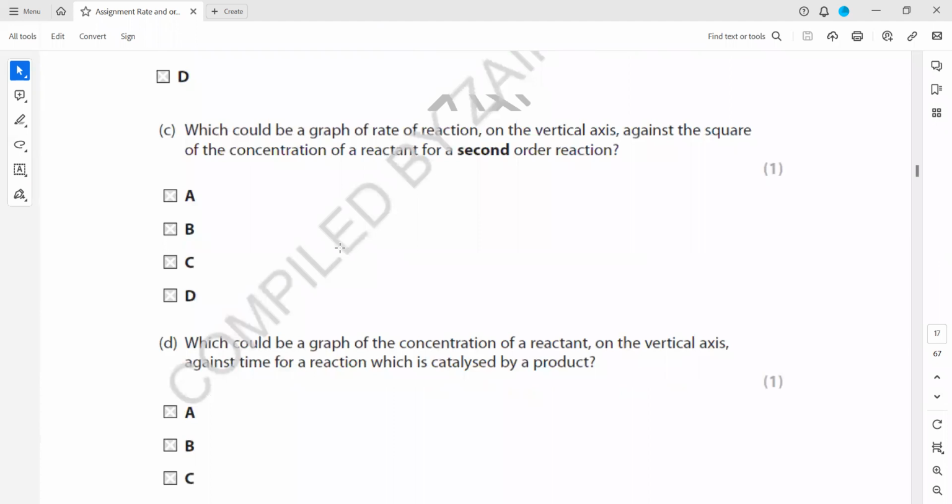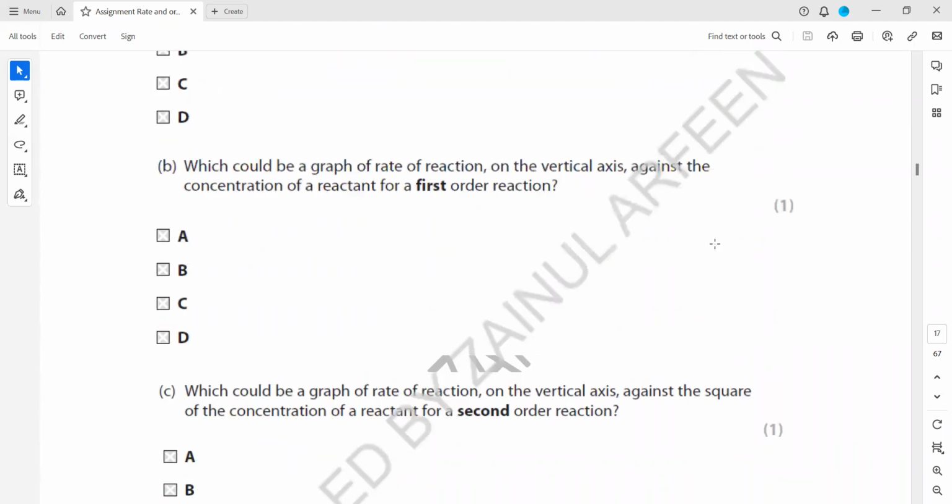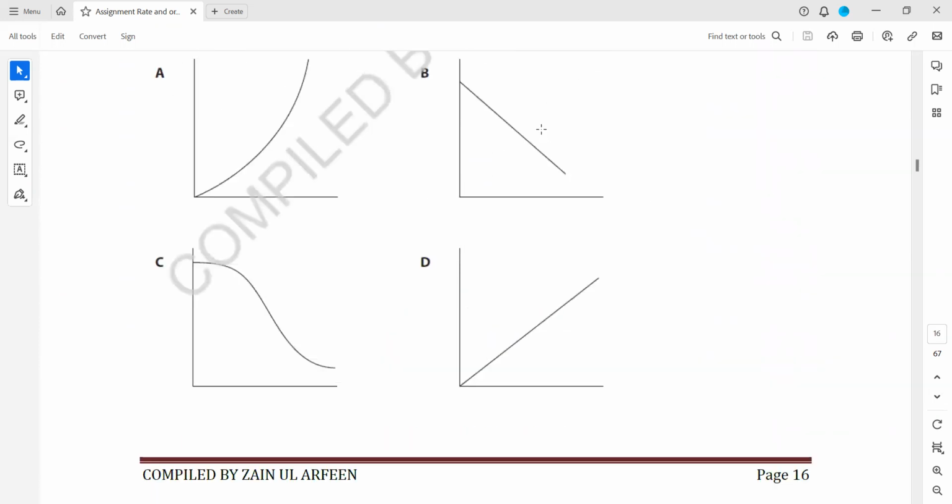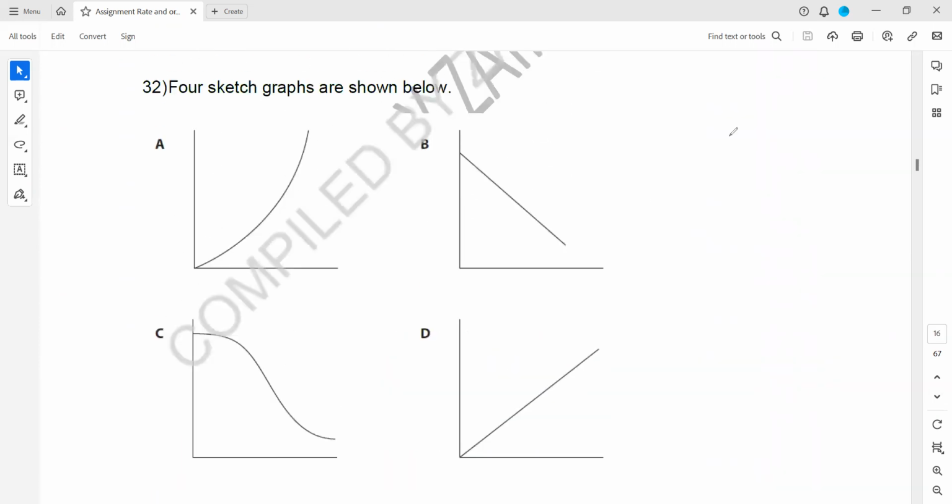Which could be the graph for rate of reaction on vertical against the square of concentration for a second order? If this is a graph between rate and concentration for second order, if you double the concentration, rate is 4 times, triple the concentration, rate is 9.